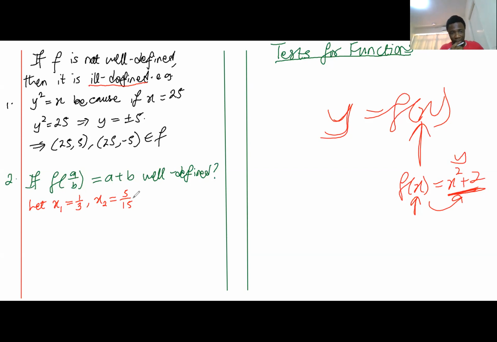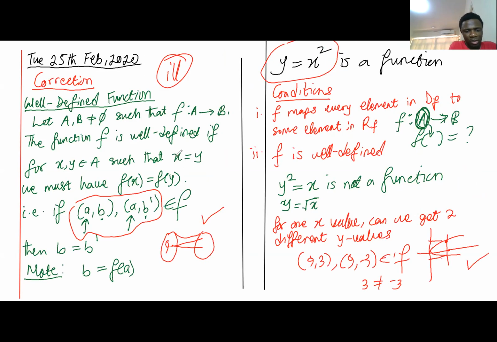Talk to me, guys. Yes. Okay, so for it to be well defined, if x1 and x2 are the same, their images must also be the same. Do you agree? Yes? If these are the same, their images must also be the same.